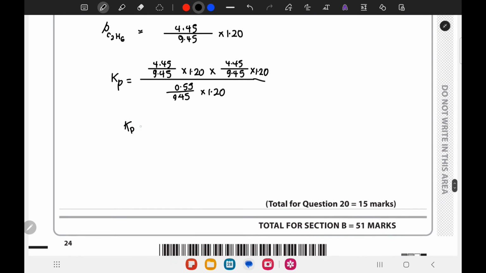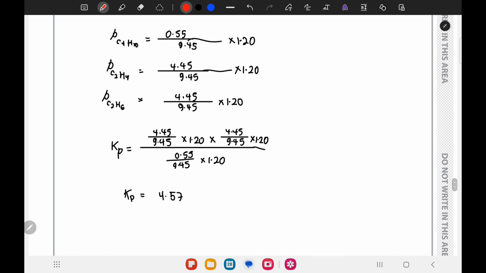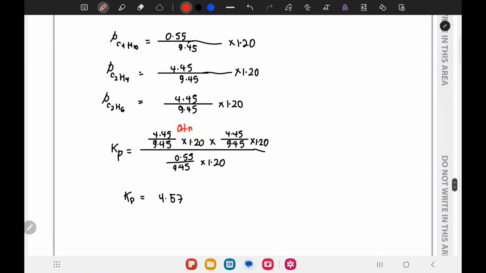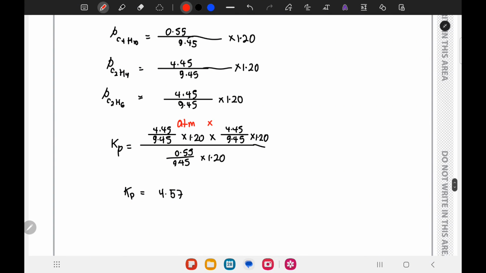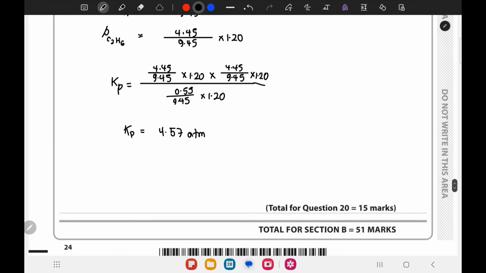From here, we find the value of Kp, which comes out to be 4.57. Now we also have to mention the units. On the top, we have atmosphere into atmosphere, and on the bottom, we have atmosphere. We can cancel out 1 atmosphere and 1 atmosphere over here. We are left with the unit of atmospheres to the power of 1. So this is the unit of Kp.